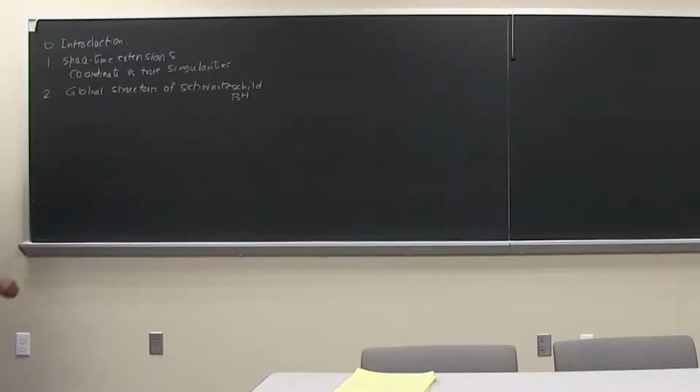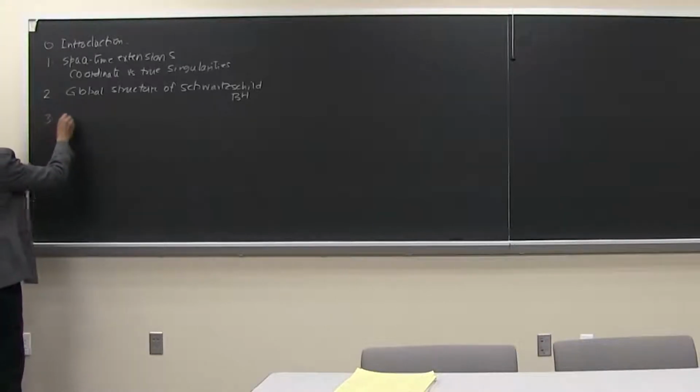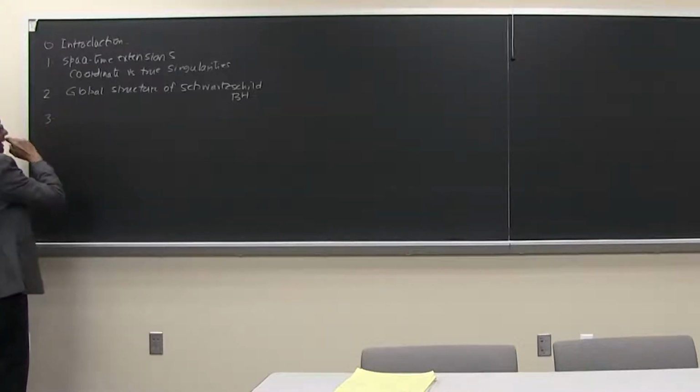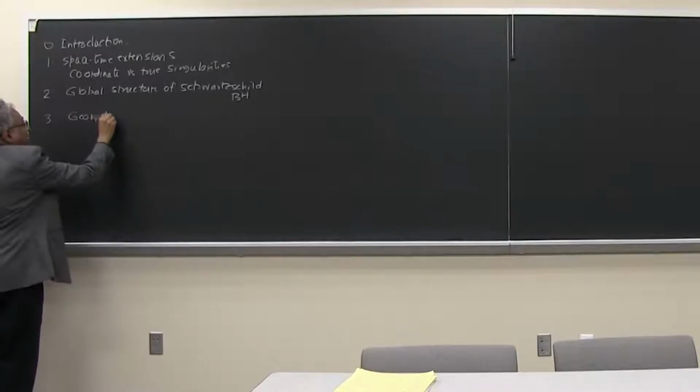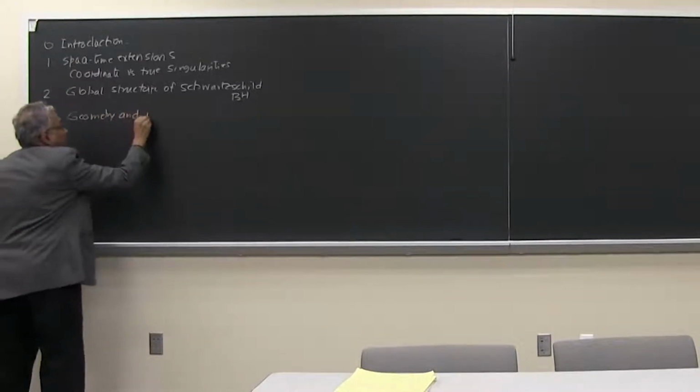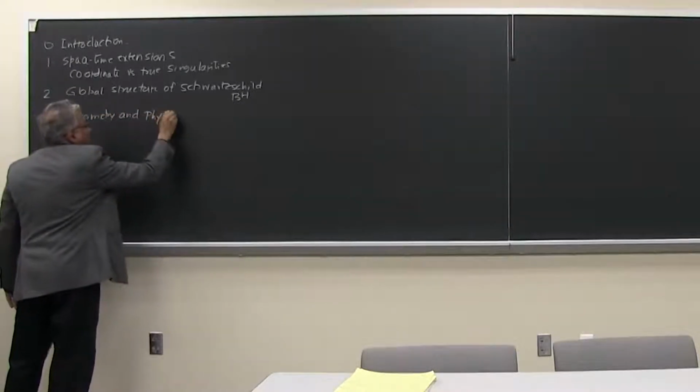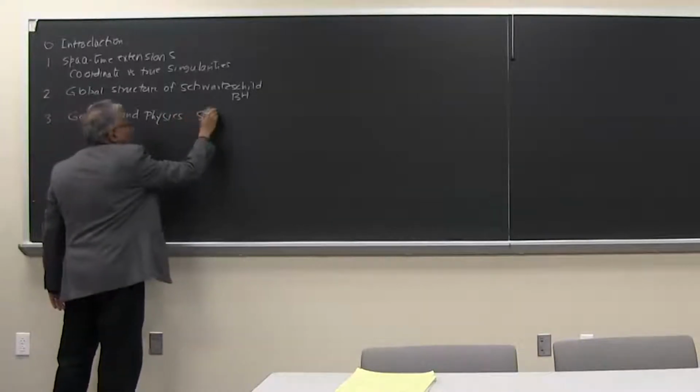It is not a true singularity. And now what we want to understand is basically the global structure. What we want to understand is sort of the interplay between geometry and physics in the Schwarzschild space-time.